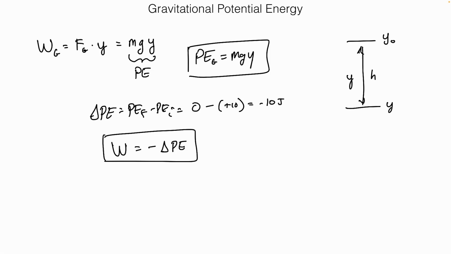But there's a bigger problem, and it's this. We're allowed to pick 0 wherever we want, right? Yes. What if the table's 0? And now I hold the ball halfway above the table on the floor, so the table's in between. Now it doesn't have 10 anymore, does it? It has 5.